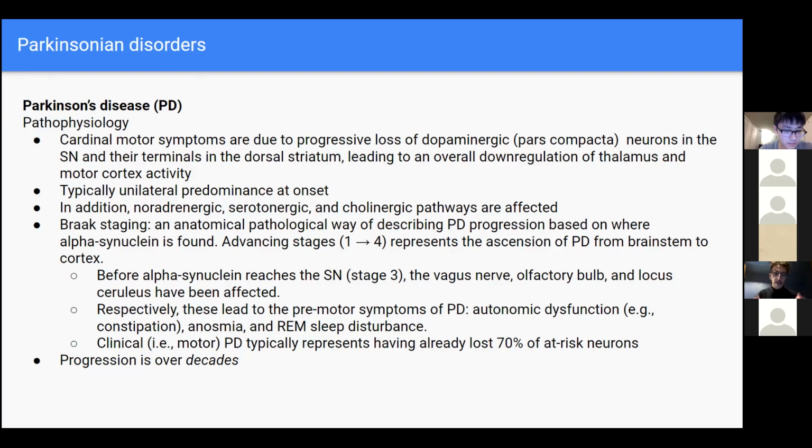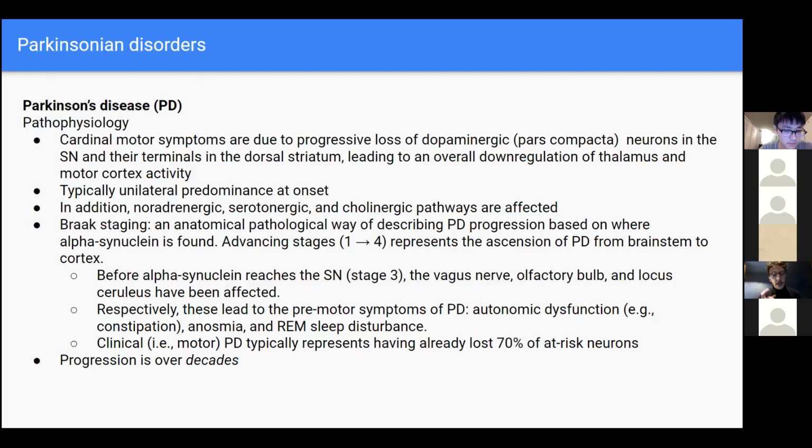So you get that bradykinesia, that small, slow movement with resting tremor, so unintentional movements. It's typically unilateral at onset, but then eventually it becomes bilateral. As I mentioned earlier, there is also involvement of noradrenergic, serotonergic, and cholinergic pathways, but really what we're going to focus on here is dopamine.